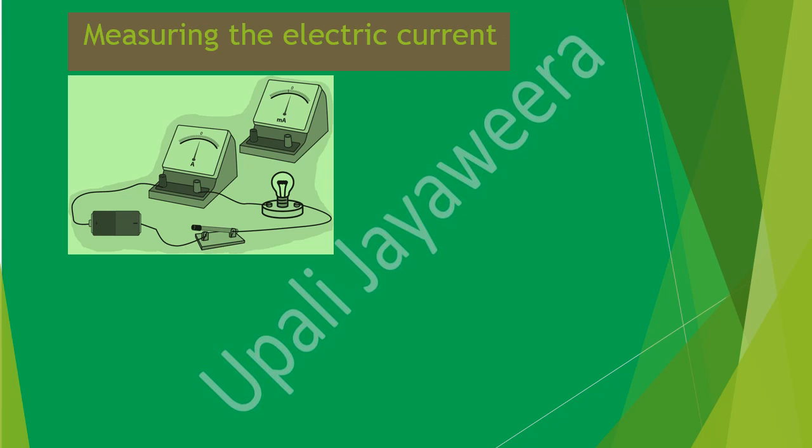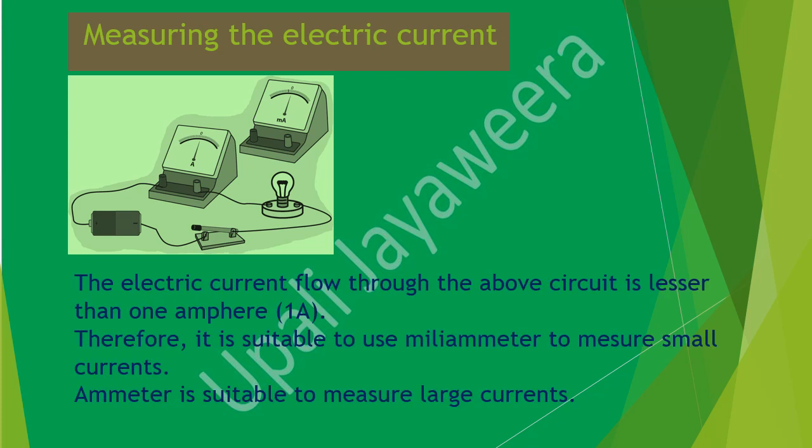Then remove the ammeter, connect the milliammeter, turn on the switch and observe the reading. The electric current flowing through the above circuit is less than 1 ampere. Therefore, it is suitable to use a milliammeter to measure small currents. An ammeter is suitable to measure large currents.